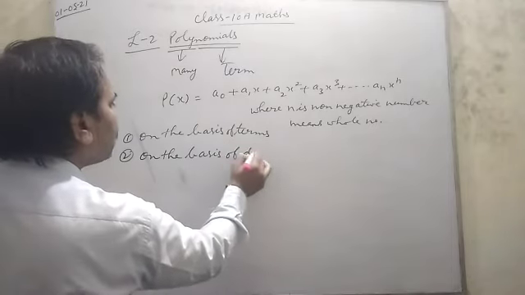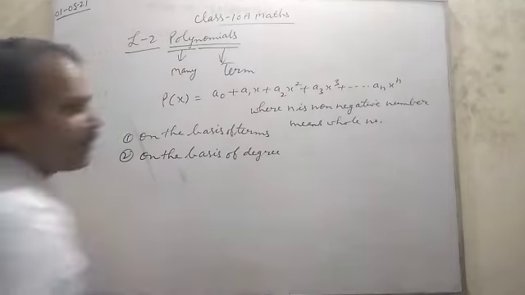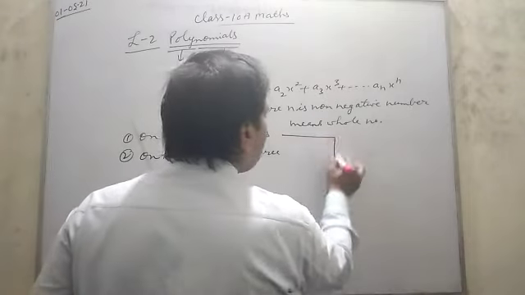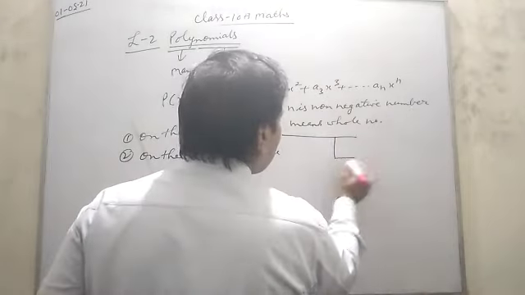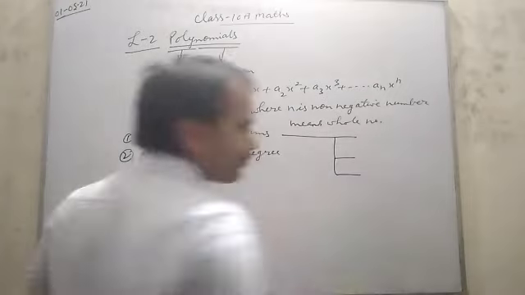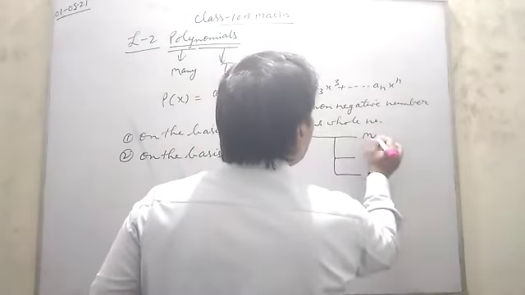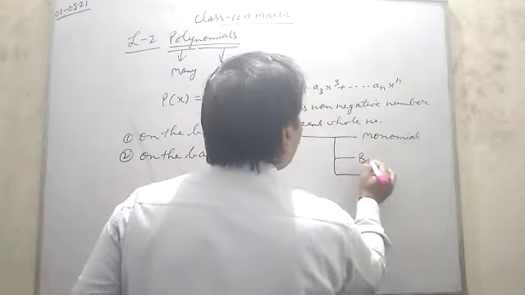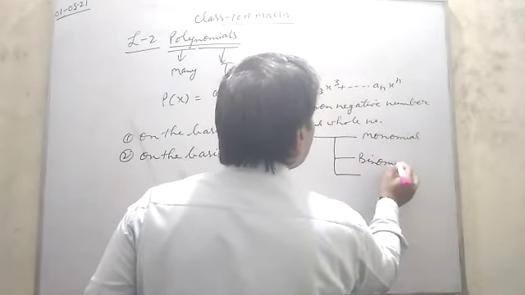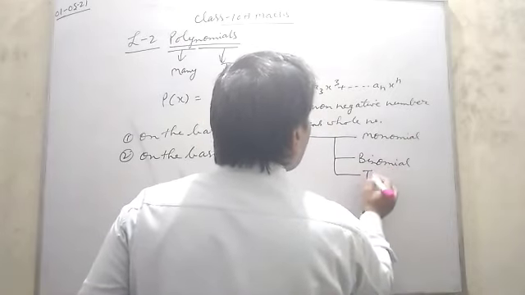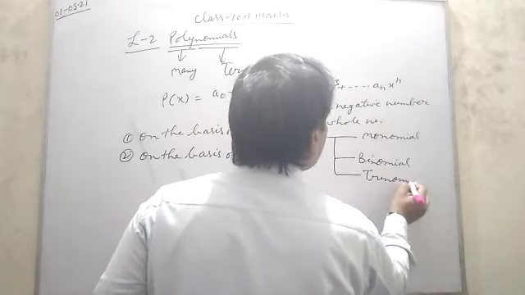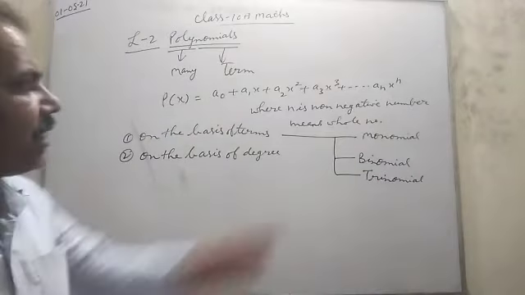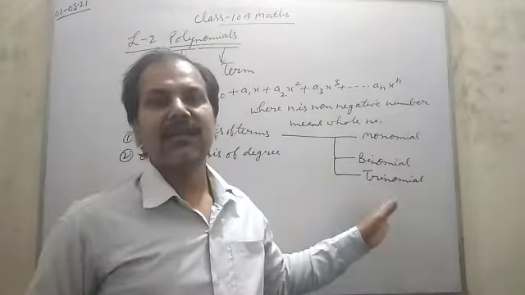On the basis of terms, there are three types: monomial, binomial, trinomial. All are polynomials, but these three are special.